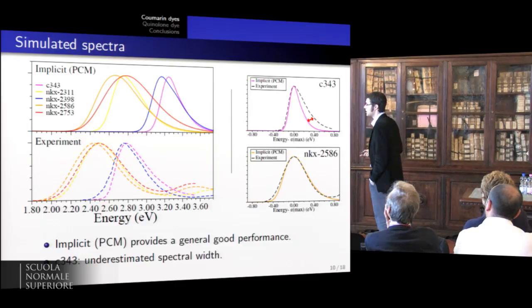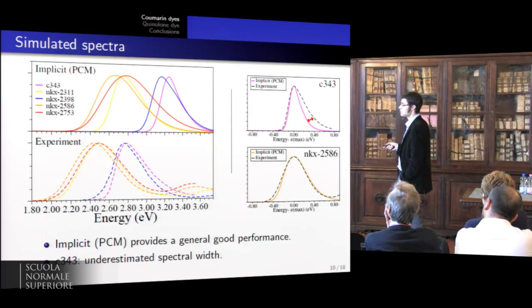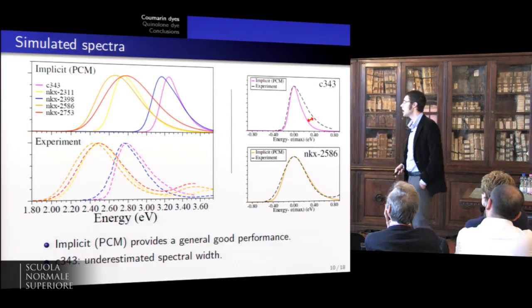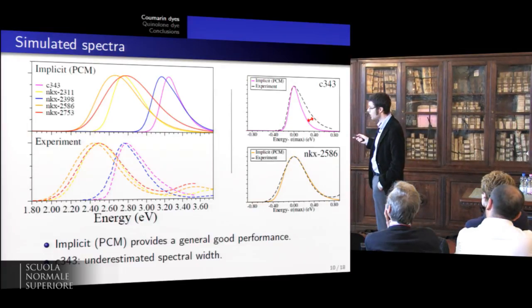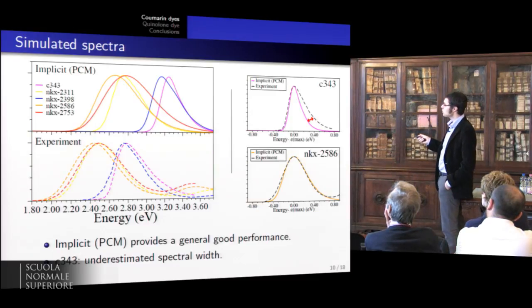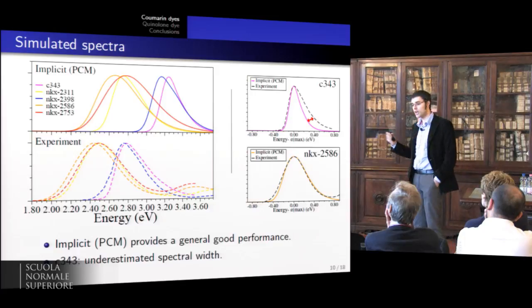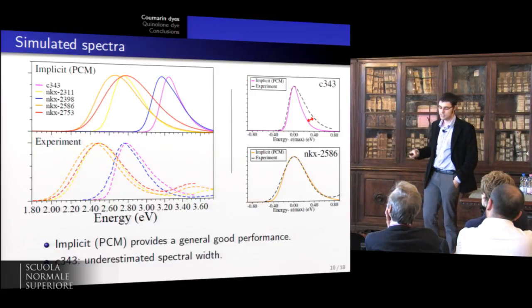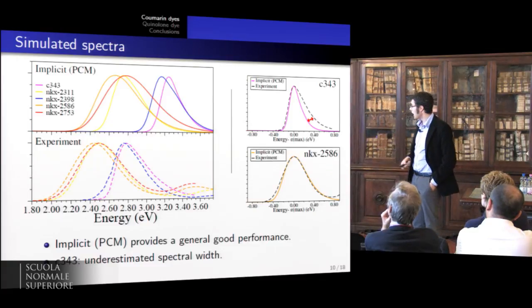If we go further into detail, we can see that for the larger molecules, the agreement of the line shape is almost perfect. However, for the smaller molecule, we have this disagreement here. This disagreement also would not be solved if we had a larger Gaussian, because this band is asymmetric.